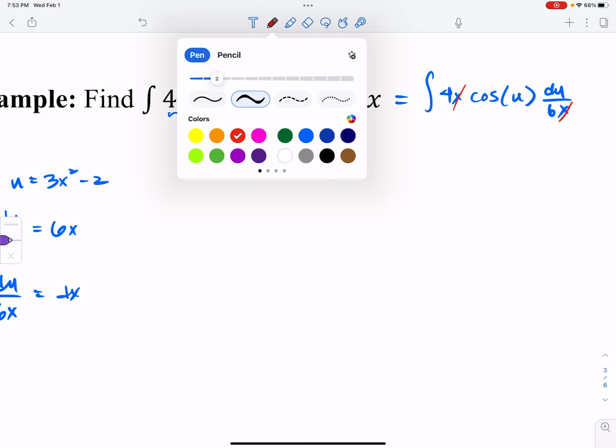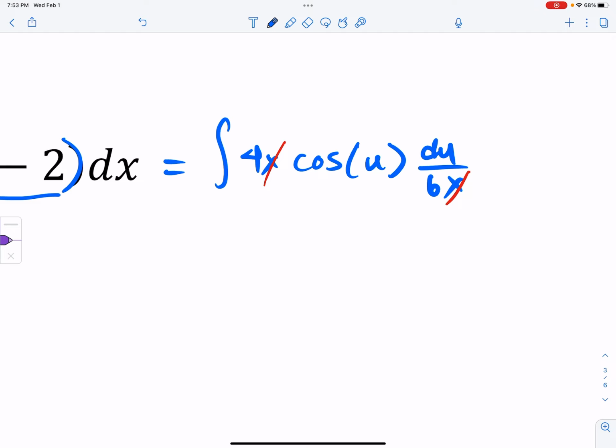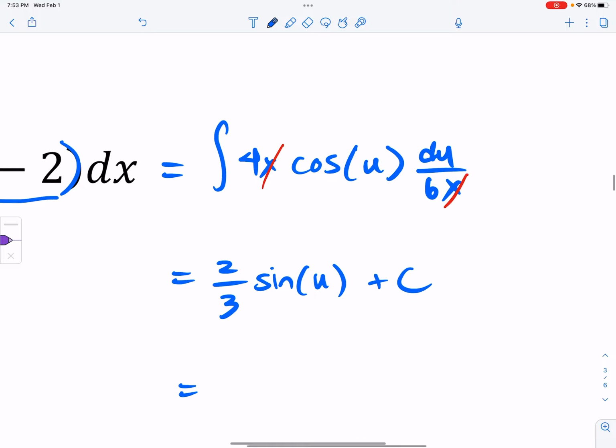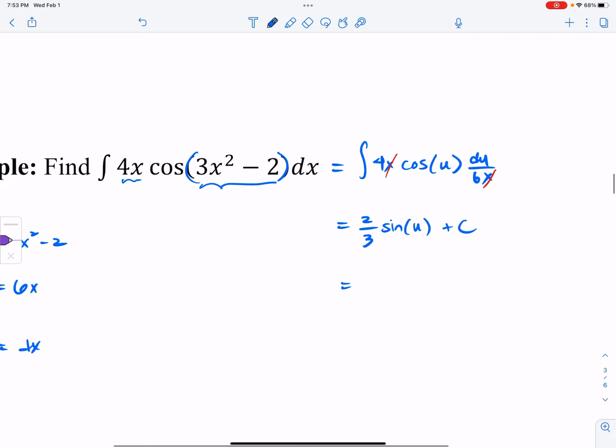And then 4 over 6 is 2/3. So that'll be 2/3. The integral of cosine is sine. Sine of u plus c. And then just replacing what I had let u equal to back in.